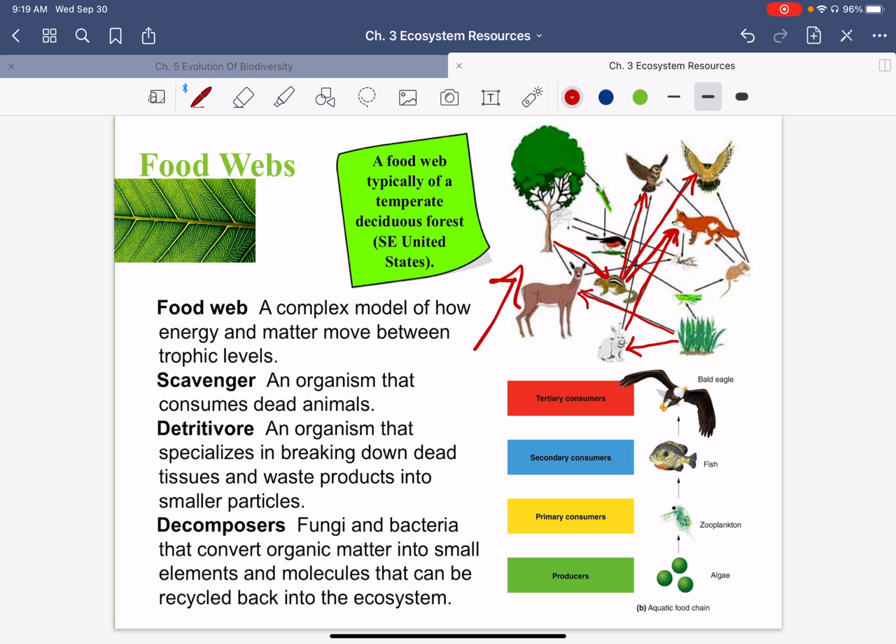Now, food webs are far more complex, and sometimes it's really difficult for us to actually predict something like a food web. Couple other terms that are here: scavengers, organisms that consume dead animals. I don't like just simply saying that an animal is a scavenger or a predator, because we tend to think it narrows us down too much. For example, this fox that's over here is certainly a predator.